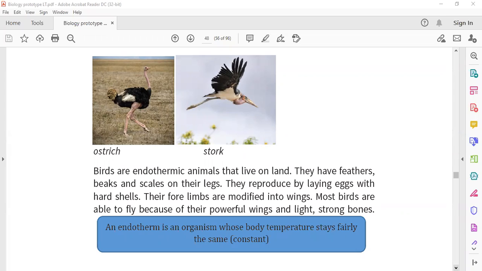They also lay eggs covered by a hard shell. You see, we are advancing from the rather soft or weak shell we had for the reptiles. Now the birds have a shell which is stronger.